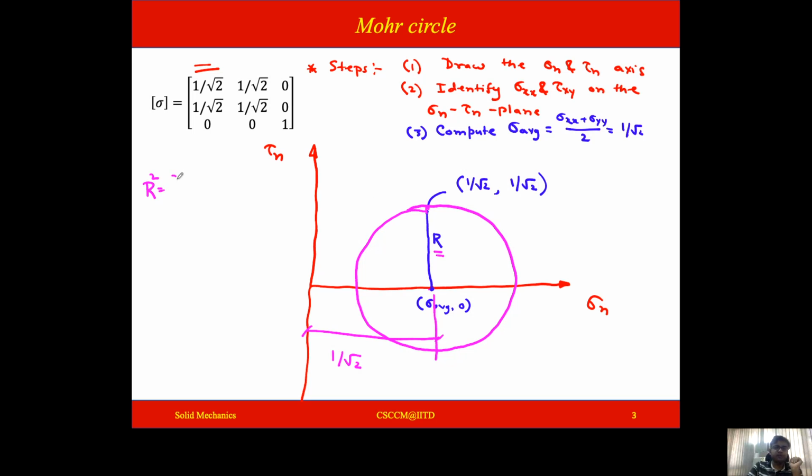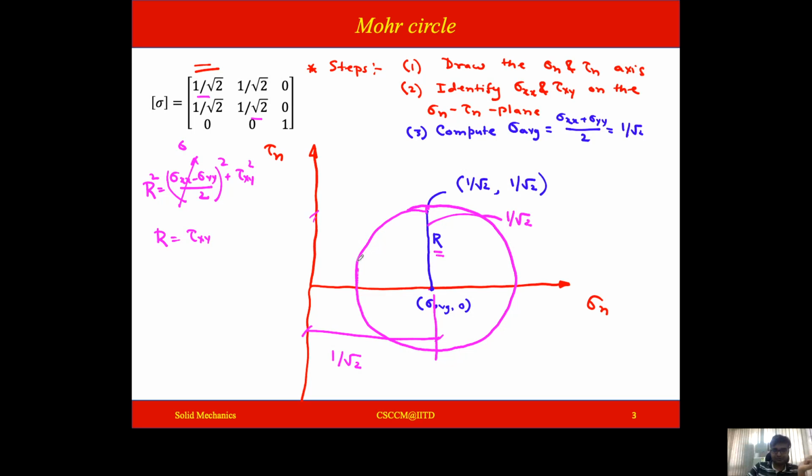Using the formula, it is the square root of (sigma xx minus sigma yy by 2) square plus tau xy square. Now this term is 0 in our case because these two are equal, which means R is equal to tau xy. So this is also 1 by root 2, which means this axis is wrong.